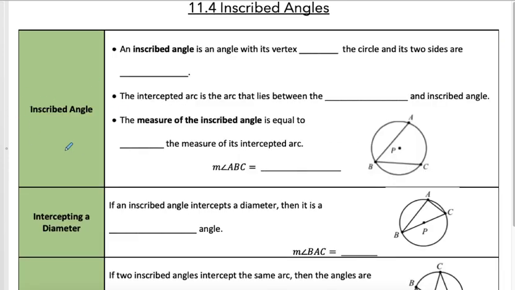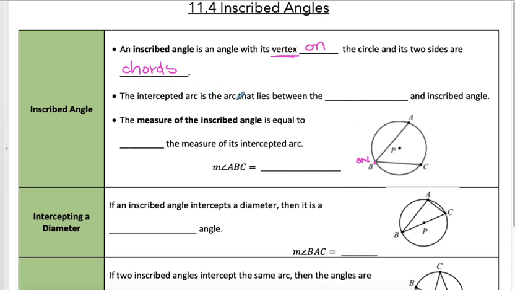Starting right off with what that angle is, an inscribed angle is an angle whose vertex is on the circle. Its two sides are created by chords, or it could be a diameter and a chord. An inscribed angle like this has its vertex on the circle.